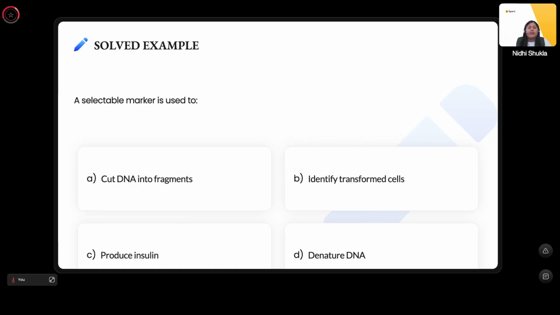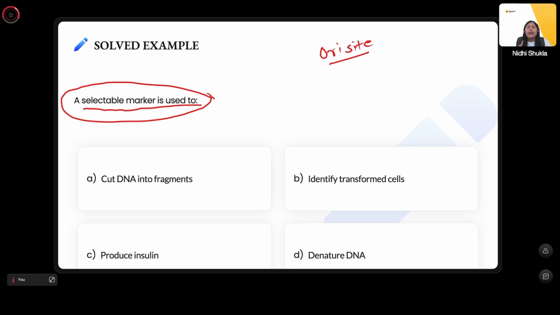Okay. Now, a selectable marker is used to... This is very important. Why do we use a selectable marker? When we study the important components of a vector, one of the components is the ORI site that we discussed previously. And one more important thing to have in a vector is a selectable marker. There are two selectable markers that you study.